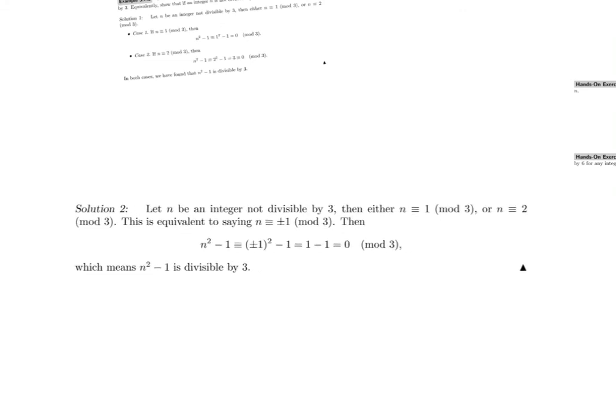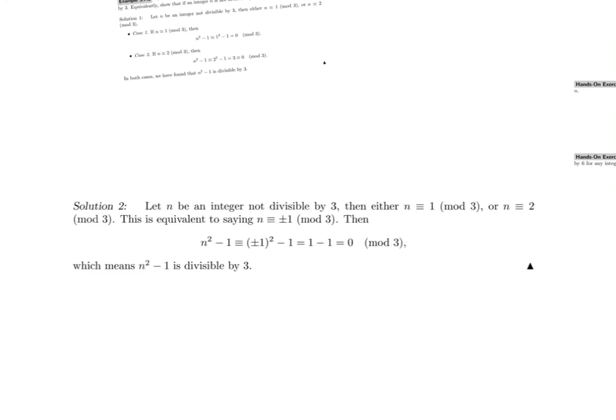There's an alternate way to think about this same problem. What if we have an integer n that's not divisible by 3? Again, that either means n is congruent to 1 mod 3 or n is congruent to 2 mod 3. Notice that n congruent to 2 mod 3 is equivalent to saying n is congruent to negative 1 mod 3.